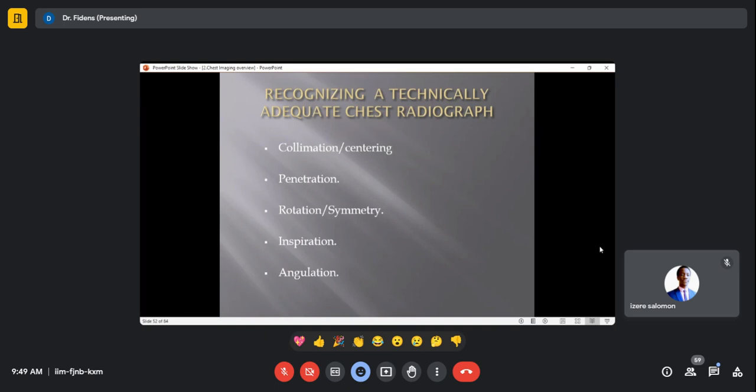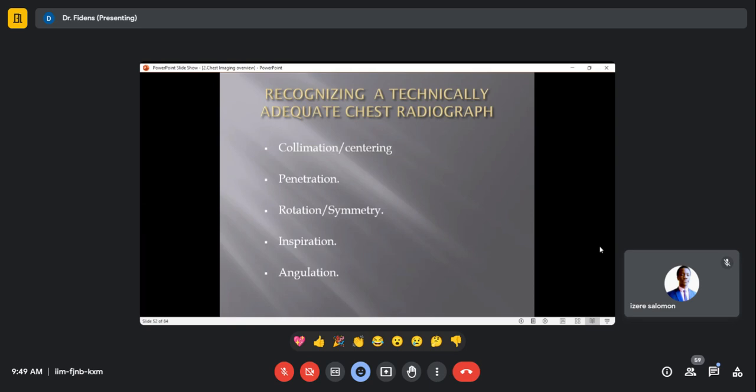If there is no rotation, number 4, you have to check if there was good inspiration or not. Remember, in the majority of cases, routinely, we need a deep inspiration and a deeply inspired film. Who can remind me how to check for good inspiration?